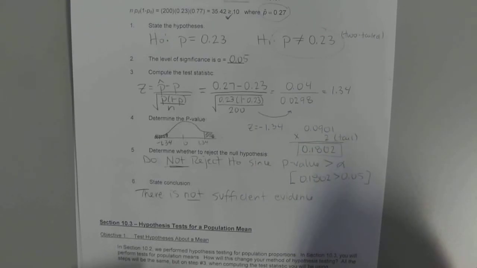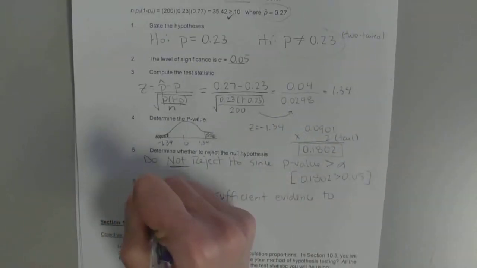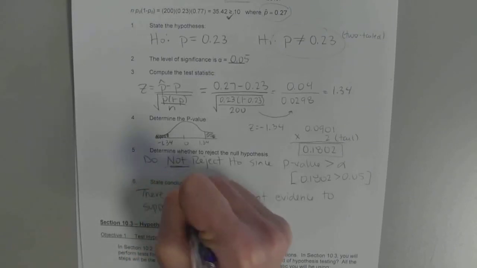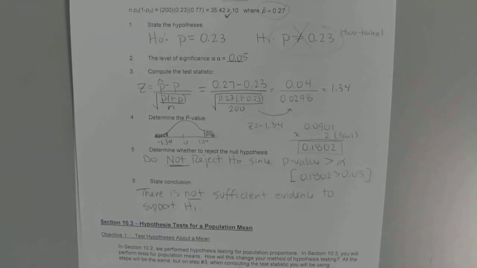There is not sufficient evidence, so it's a strict inequality. Meaning, based on our data, we can't prove it. Does that mean it is 23%? No. It just means we don't have enough to prove 23%.